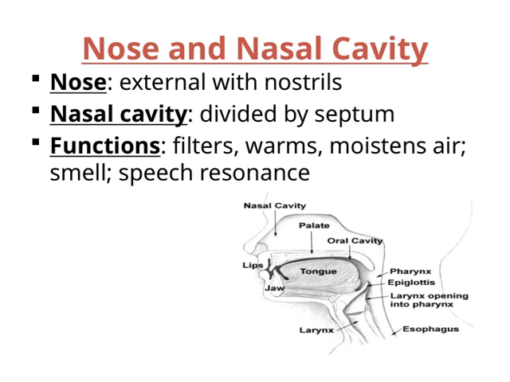And, interestingly, the nose and nasal cavity also contribute to speech resonance, helping us produce the sounds we need for clear communication. Overall, understanding the structure and functions of the nose and nasal cavity highlights how essential they are not just for breathing, but for our overall sensory experience and communication.